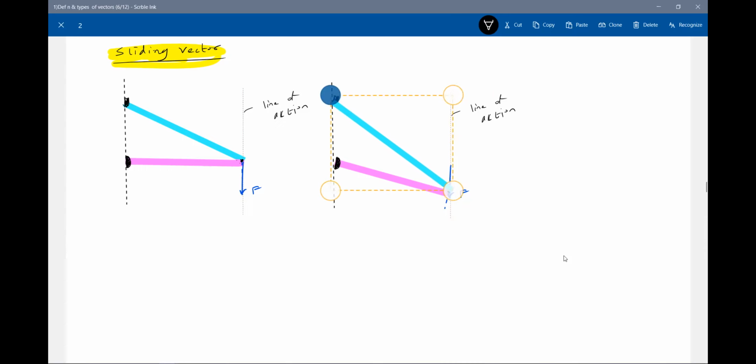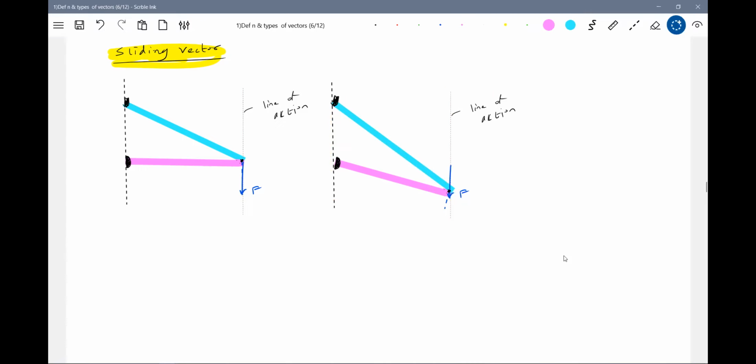Look, the hinge position has not changed at all. The rods are there only, hinged here.